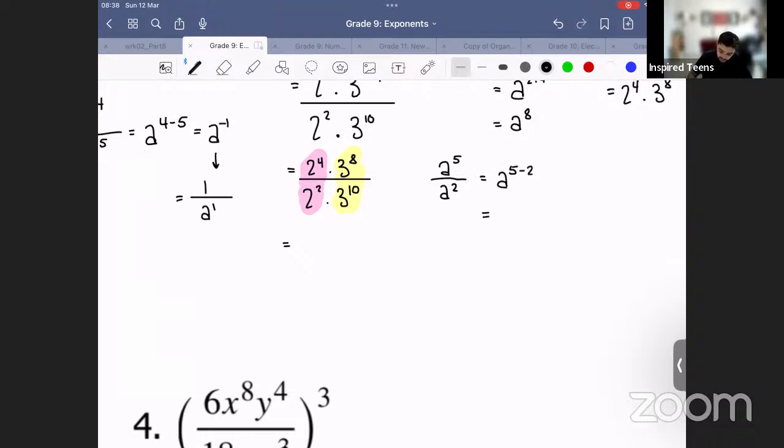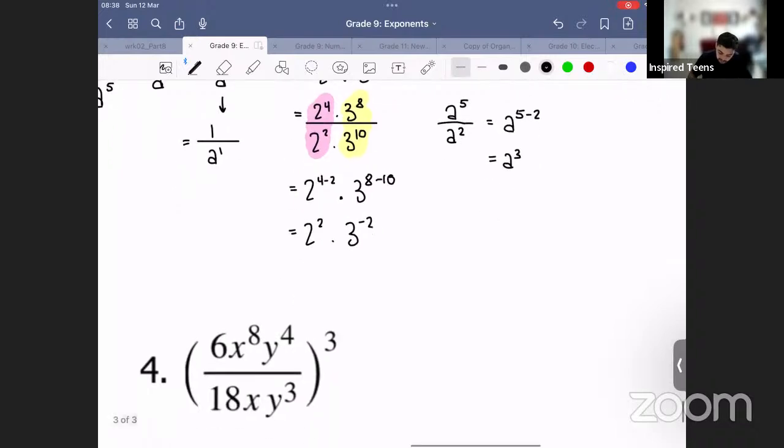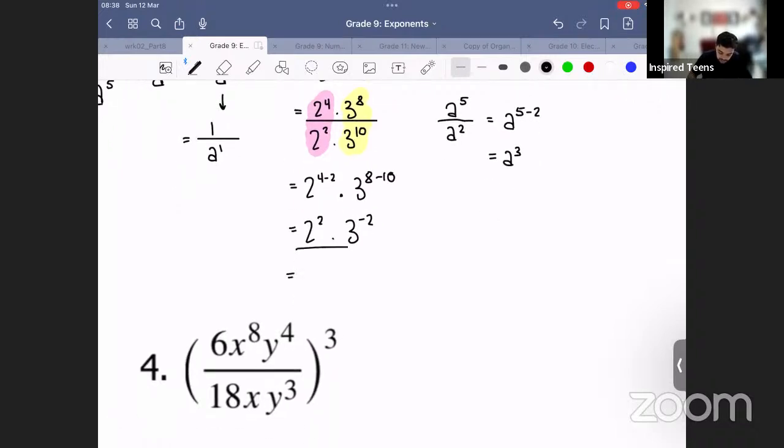Here, similarly, I'm going to get 2 to the 4 minus 2 and 3 to the 8 minus 10. So I get 2 to the positive 2, but I get 3 to the negative 2. Whenever I have a negative exponent, currently it's in the numerator because there's no fraction here, but any number can be a fraction if you just put it over 1 because it doesn't change the value. So I can take this to the denominator, and it becomes positive 3 to the 2.